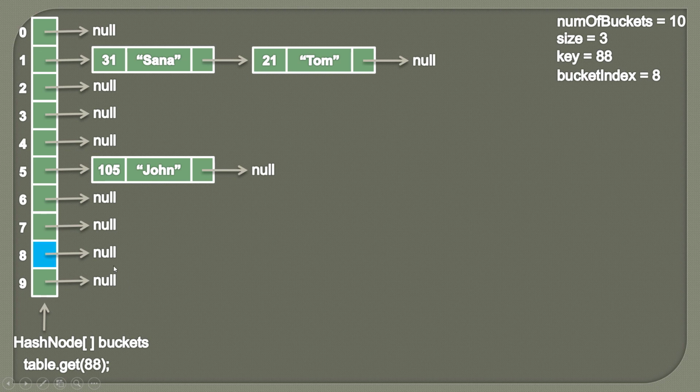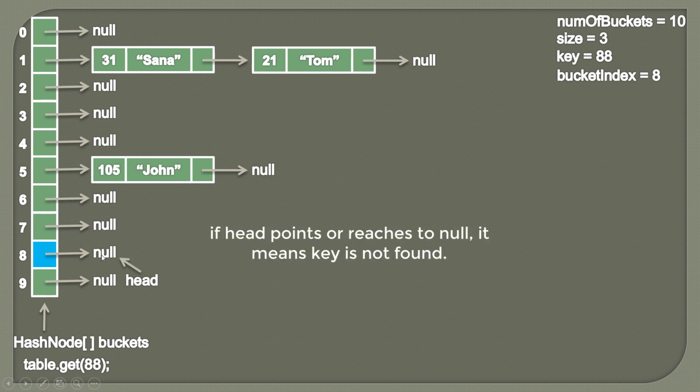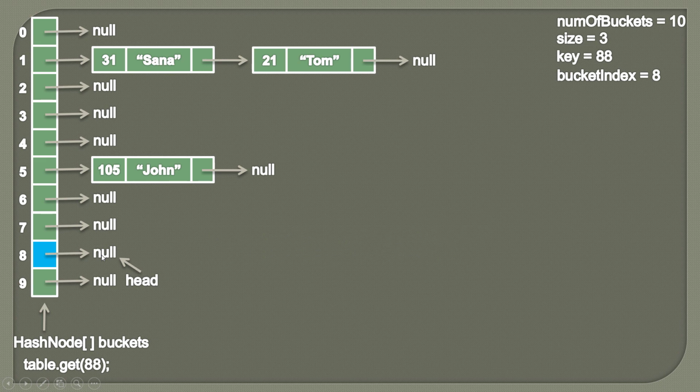Here you can see the head will point to null, which simply signifies that this key is not present in this hash table. So we simply return null. So friends, these are the simple use cases where we can get a value by key in a hash table.